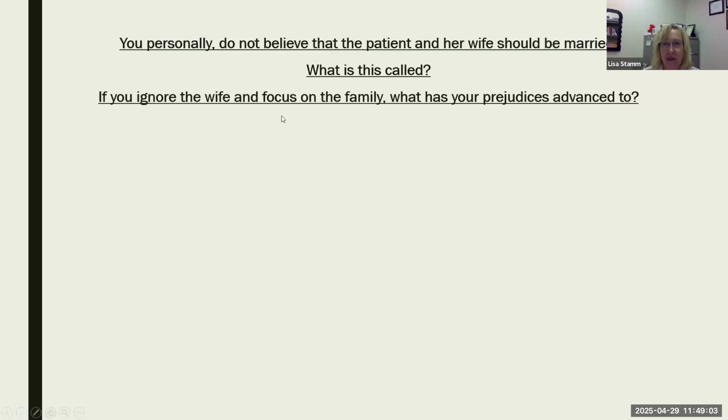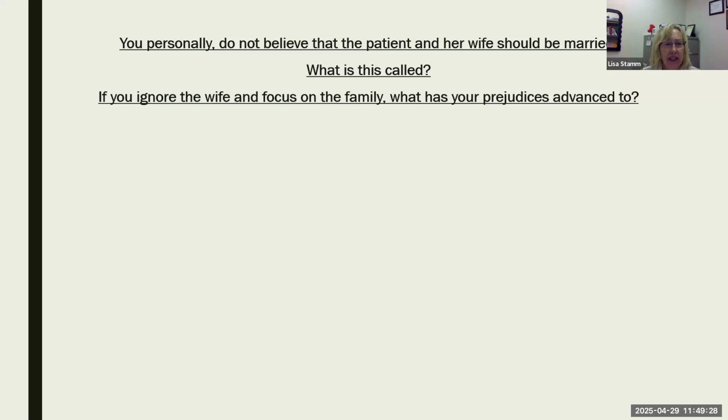If you ignore the wife and you focus on the family because you don't agree with their marriage, what does that advance to? I agree. Keep it to yourself. Do what needs to be done for the patient. It's wrong.